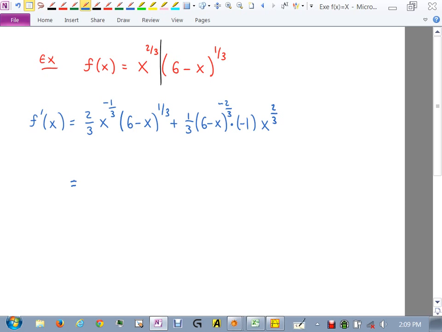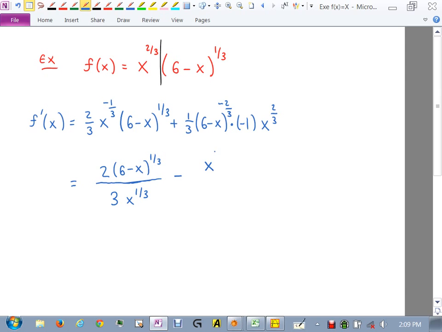I'm going to get like denominators, drop things into denominators. I'll have a 2, I'll have a 6 minus x to the 1/3. On the bottom, what do I have? There's a 3 down there, right? X to the 1/3. Plus, no, minus.